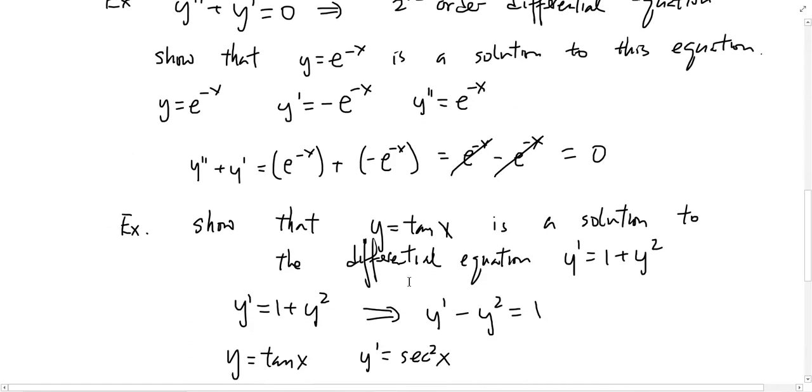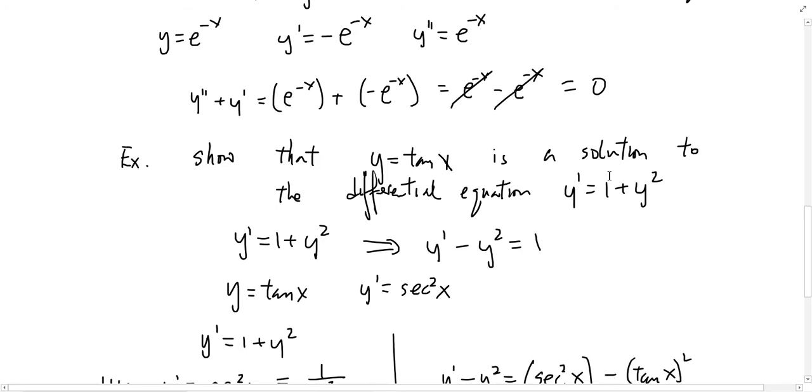And guess what? This equation that we're doing, y prime equal to 1 plus y squared, or in this form, y prime minus y squared equal to 1, is a non-linear differential equation. Why is it non-linear? Because of the y squared. Because of this y squared, the left-hand side no longer represents a linear combination of y and y prime. That's what messes it up.